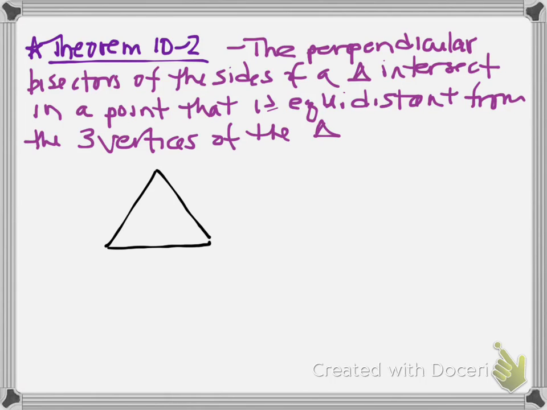Okay. So this is saying if we have a perpendicular bisector, that means it's got to be at a midpoint. No, it doesn't necessarily go through a vertex. It's got to go through the midpoint and is perpendicular.